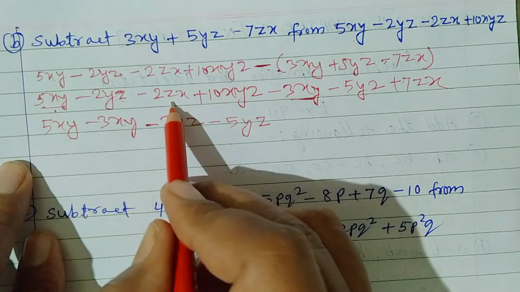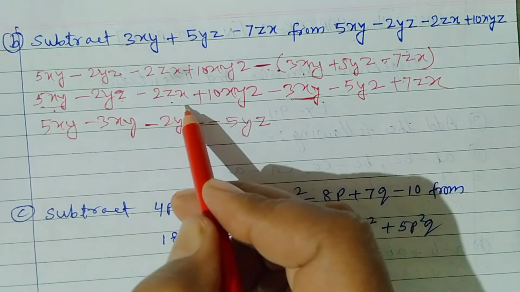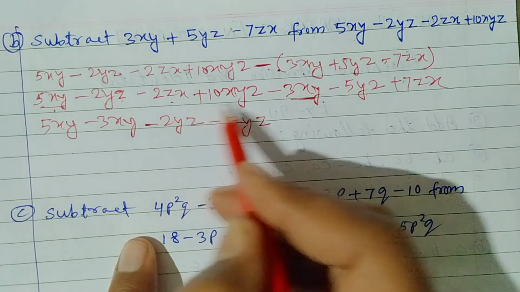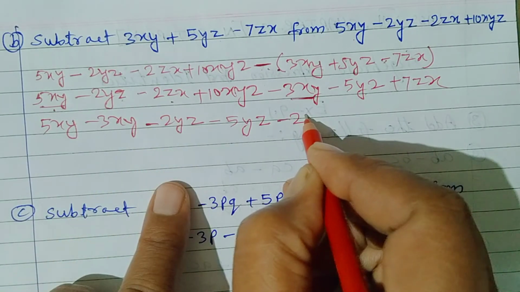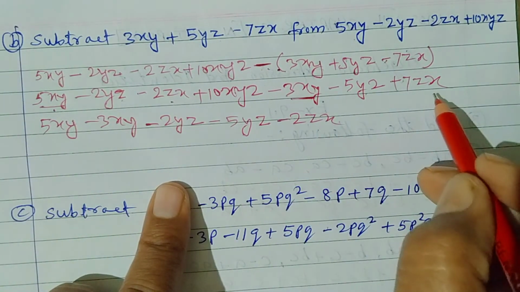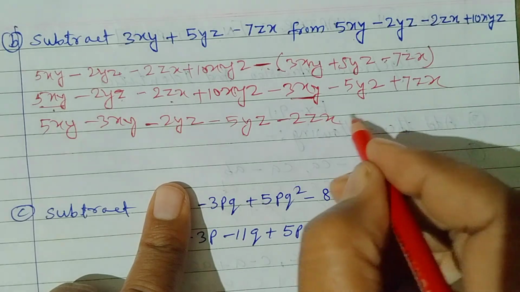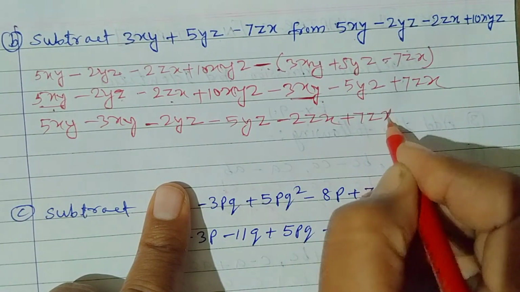After that 2zx, we write first minus 2zx. After that how many zx? 1zx plus 7zx.